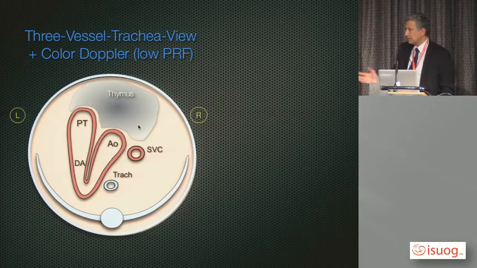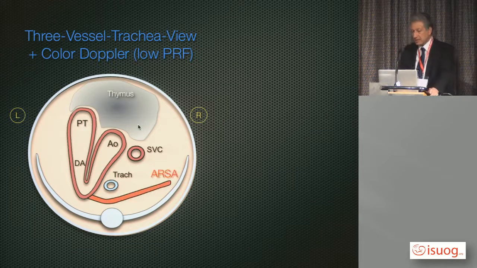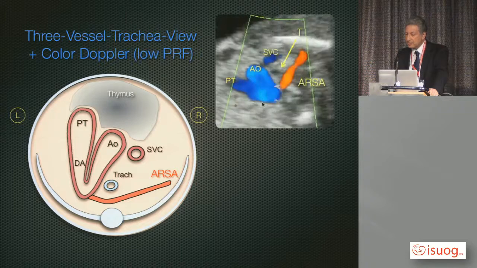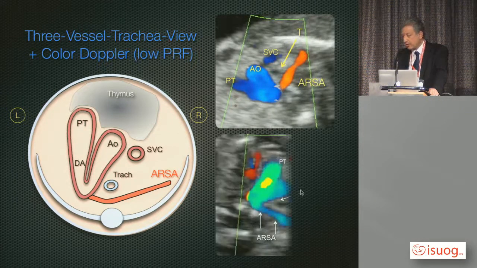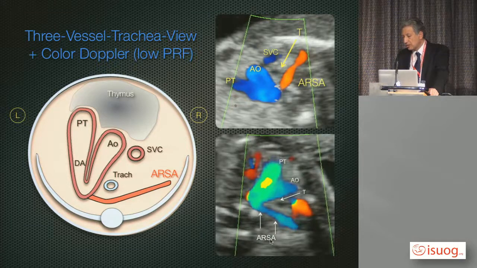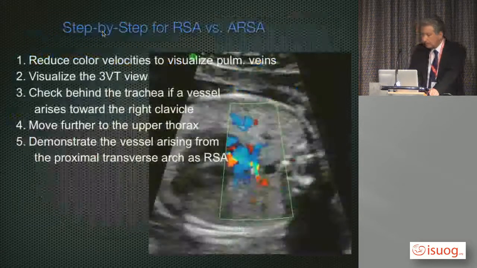I removed all the 3D stuff and the projection I was doing. This is why the main message is, take this plane, and in the 3-vessel trachea view, behind the trachea, you reduce the PRF, use color Doppler, and you see whether the vessel goes toward the transducer or away from the transducer. You see it in red or in blue.